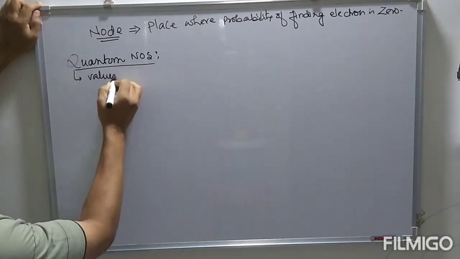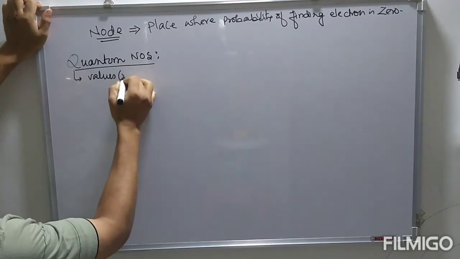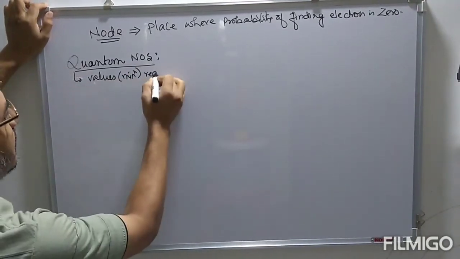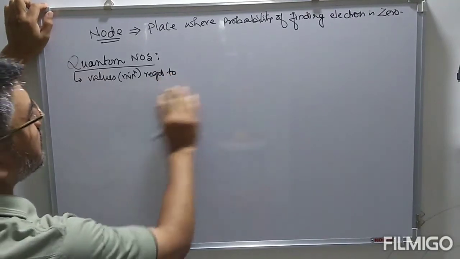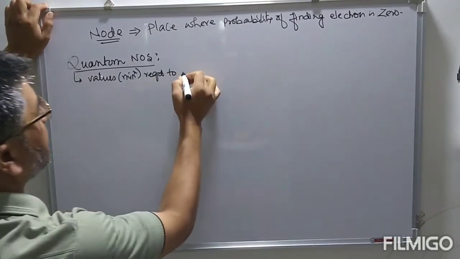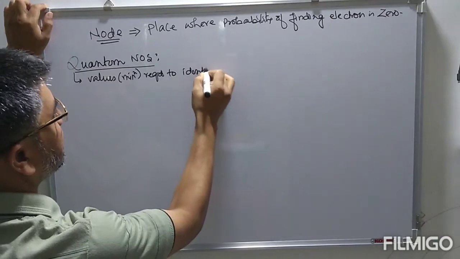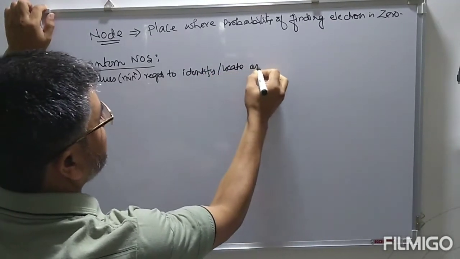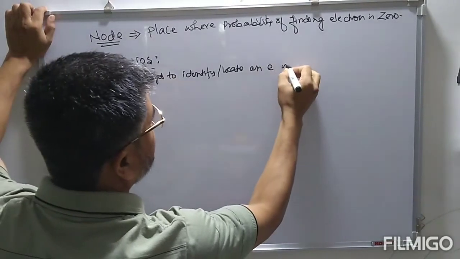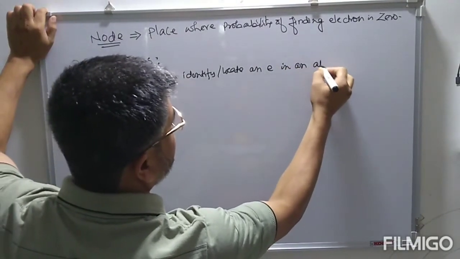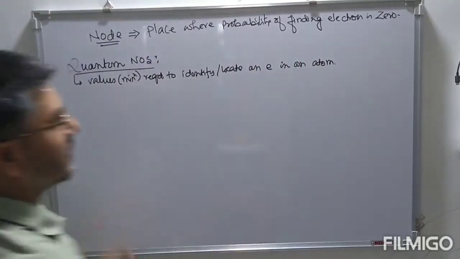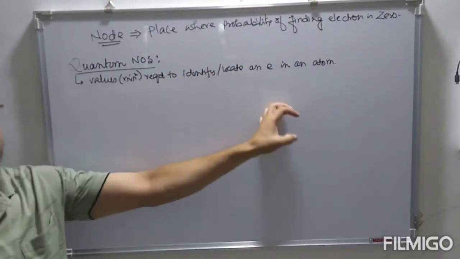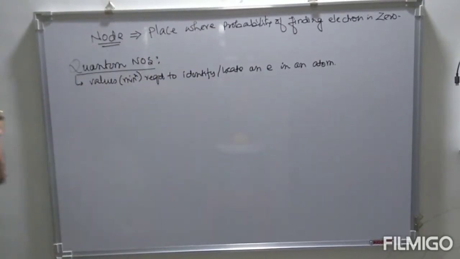These are values, meaning minimum values required to identify or locate an electron in an atom. So the 4 variables required to locate an electron in an atom are known as quantum numbers.